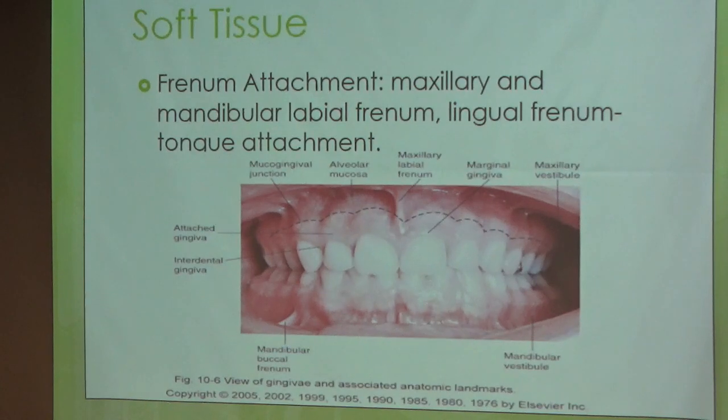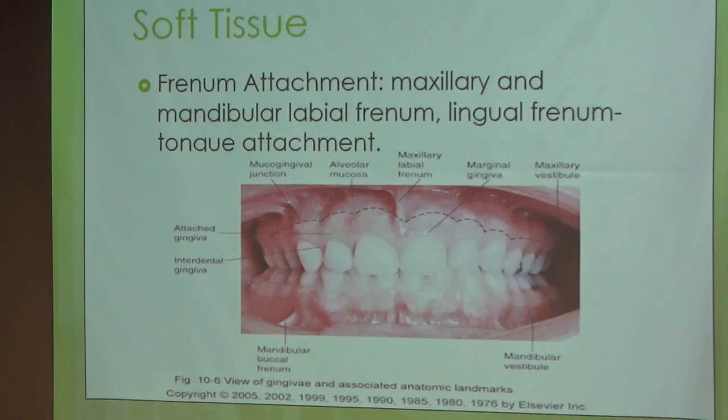So when you go home, you can either torture your loved ones or go to the mirror in the bathroom and flip up your upper lip and your lower lip down and look at those areas. The name itself is describing its location, so we understand. I'll give you some incidents in the chair where this comes into play and what's important about it. Maxillary is telling me the upper arch, right?